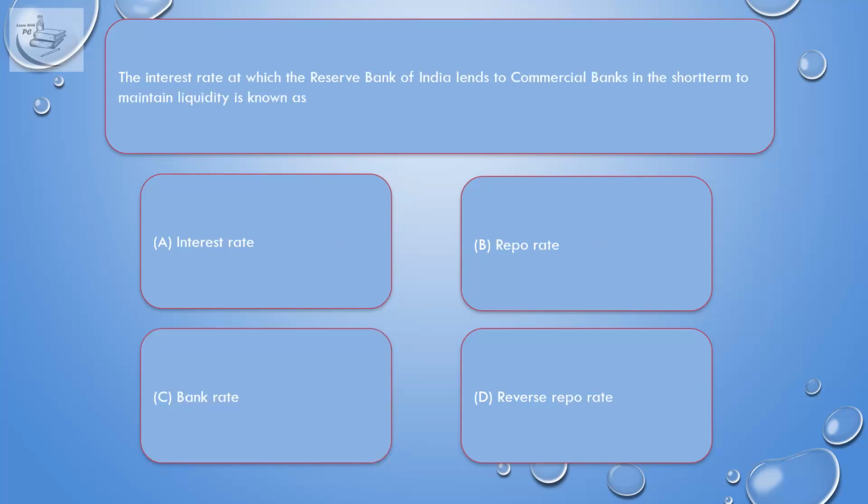Question: The interest rate at which the Reserve Bank of India lends to commercial banks in the short term to maintain liquidity is known as A. interest rate. B. repo rate. C. bank rate. D. reverse repo rate. Correct answer is B. repo rate.